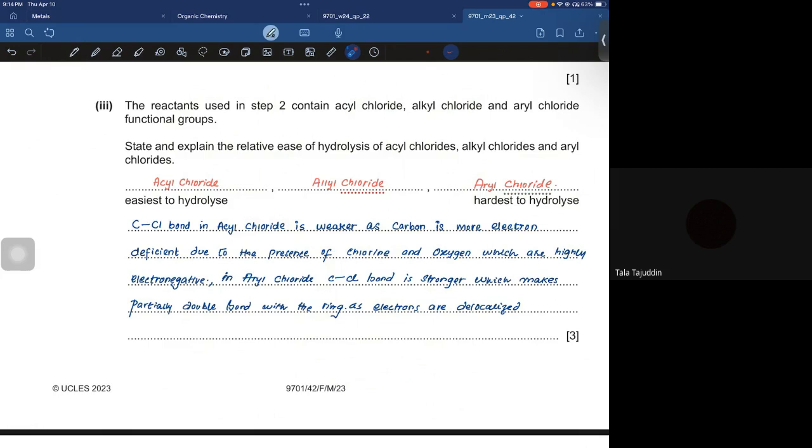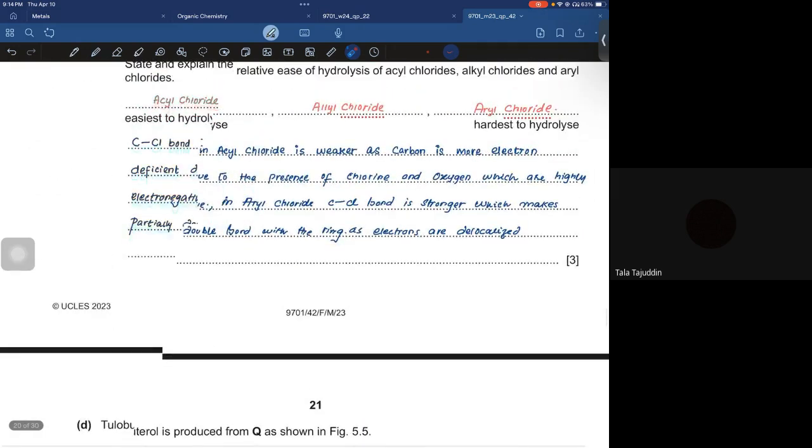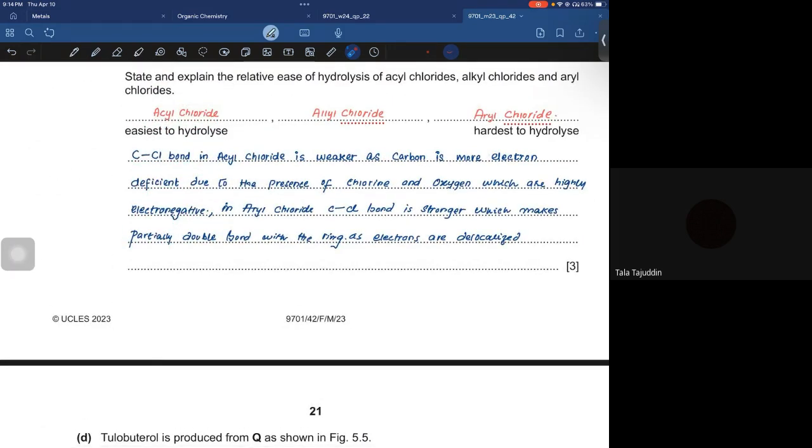What I said: the C-Cl bond in acyl chloride is weaker as carbon is more electron deficient. You know why? See this? These two are electronegative atoms. They are going to pull electrons towards themselves, making this carbon most positive, of course. So it's electron deficient due to the presence of chlorine and oxygen, which are highly electronegative.